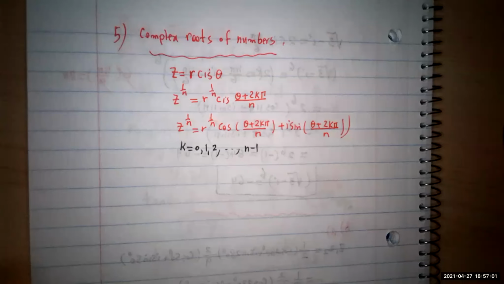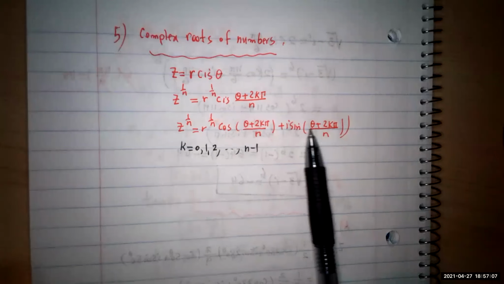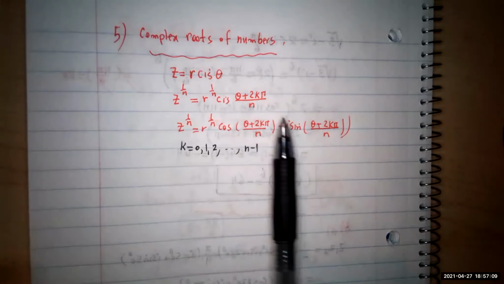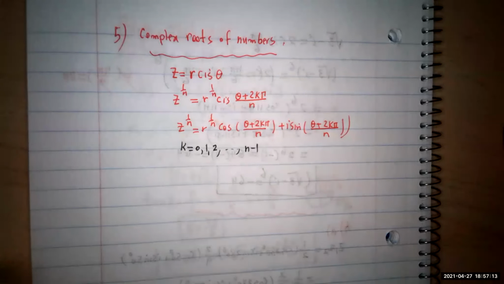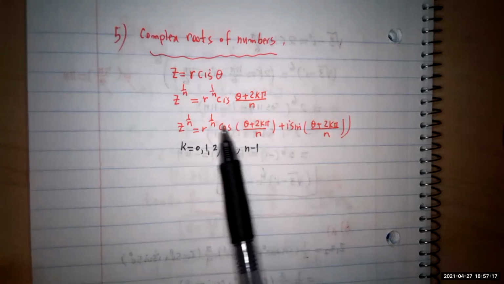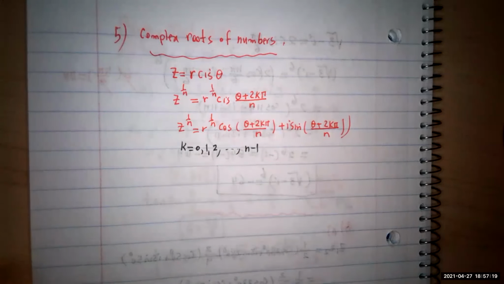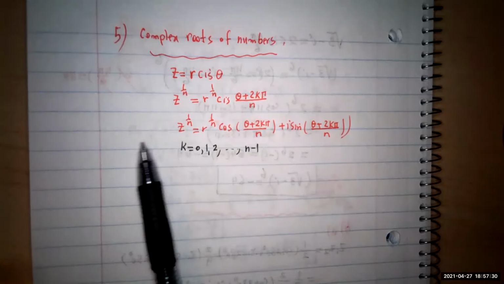This formula can be summarized with cis, cosine of theta plus i sine of theta. Cis just means cosine plus i sine. That's optional, but we use it; the expanded format is the other option.